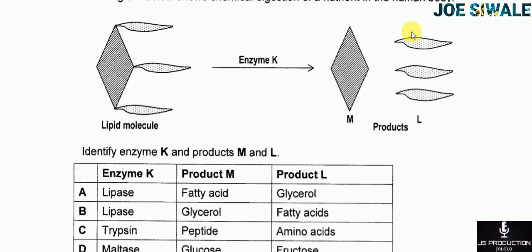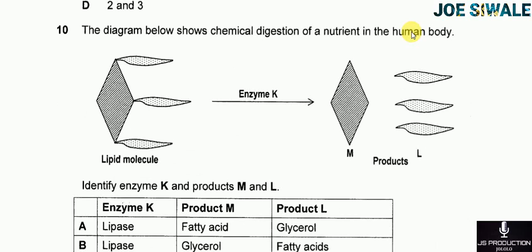Question 10 reads, the diagram below shows chemical digestion of a nutrient in the human body. So I have a lipid molecule, I have enzyme K, I have my M, and I have my L. So if this is a lipid molecule, enzyme K, that's a lipase enzyme, and the products that are supposed to be produced are fatty acids and glycerol.